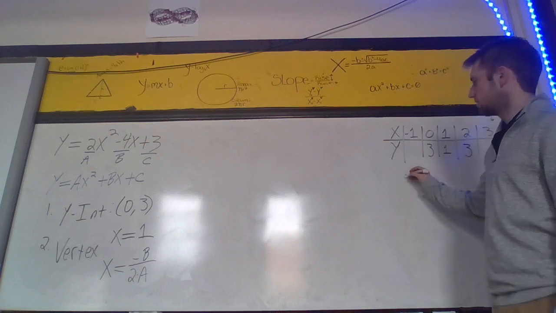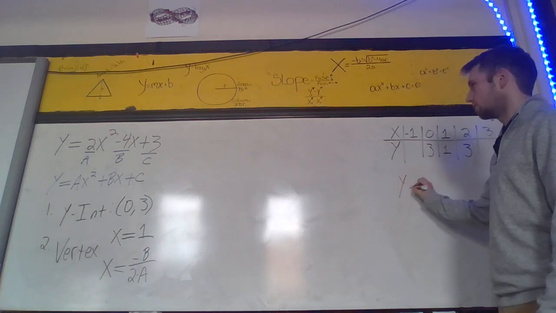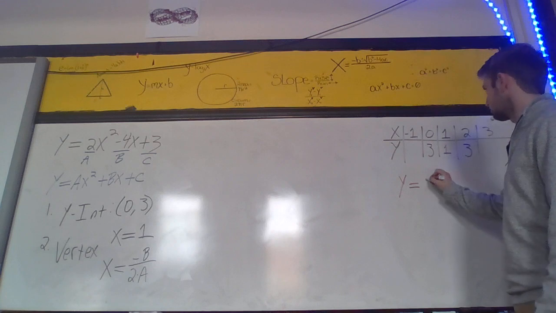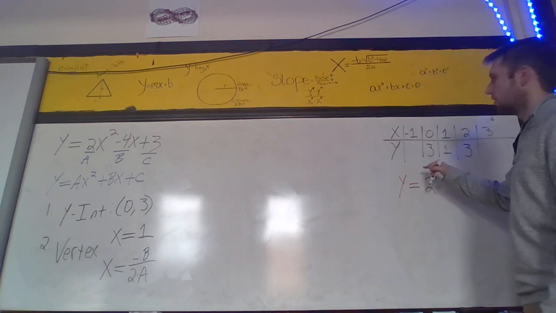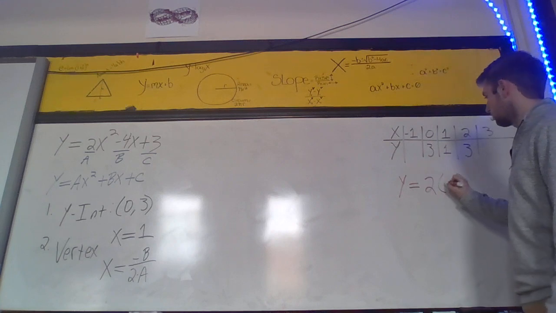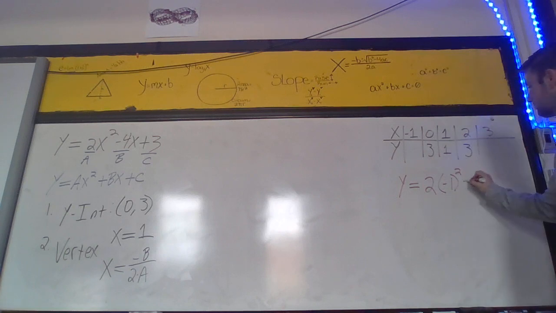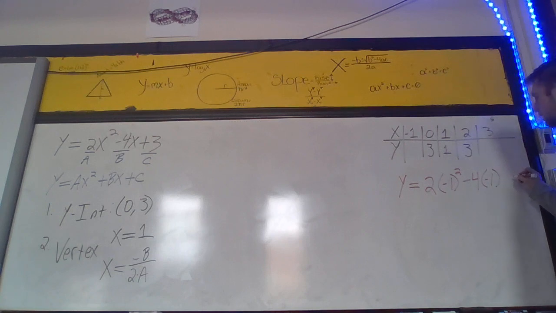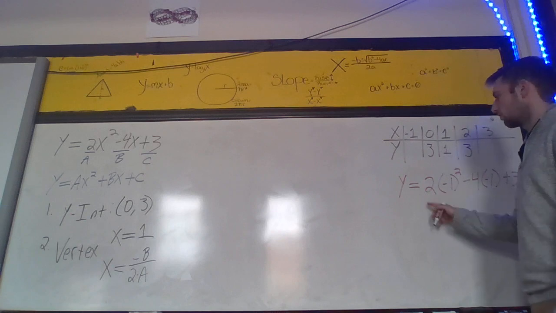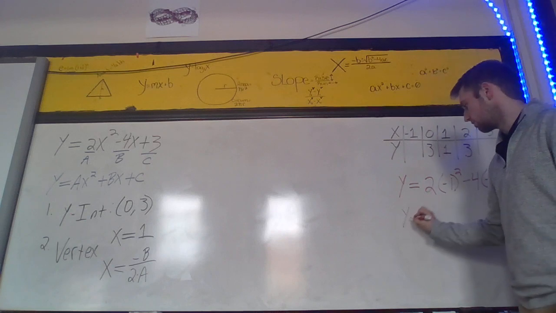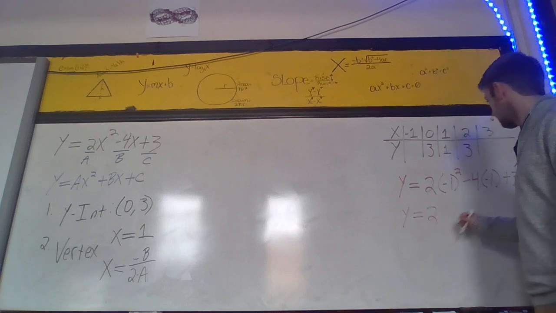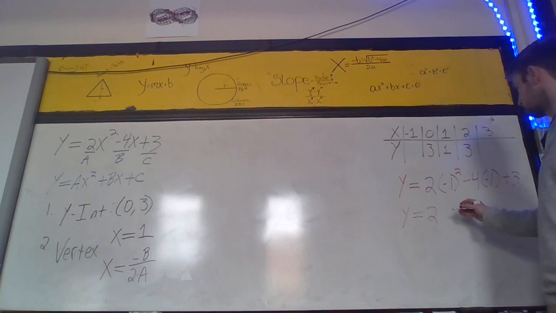Okay, so let's say for our equation again, we're going to re-input. We're going to say y is equal to 2, and then x in our case is a -1 squared, minus 4 times -1, and then we're going to say plus 3. Okay, what's -1 squared? Well, 1. Okay, times 2 is just going to give us 2. All right, what is -4 times -1?